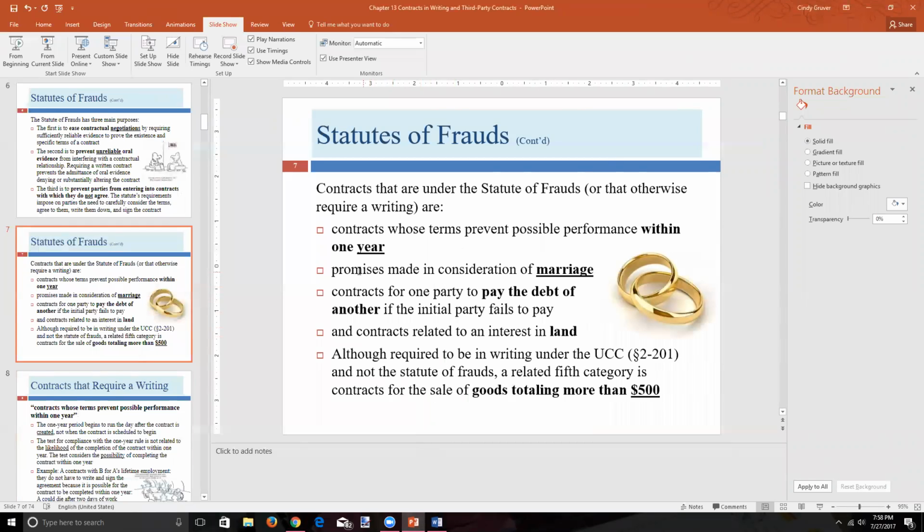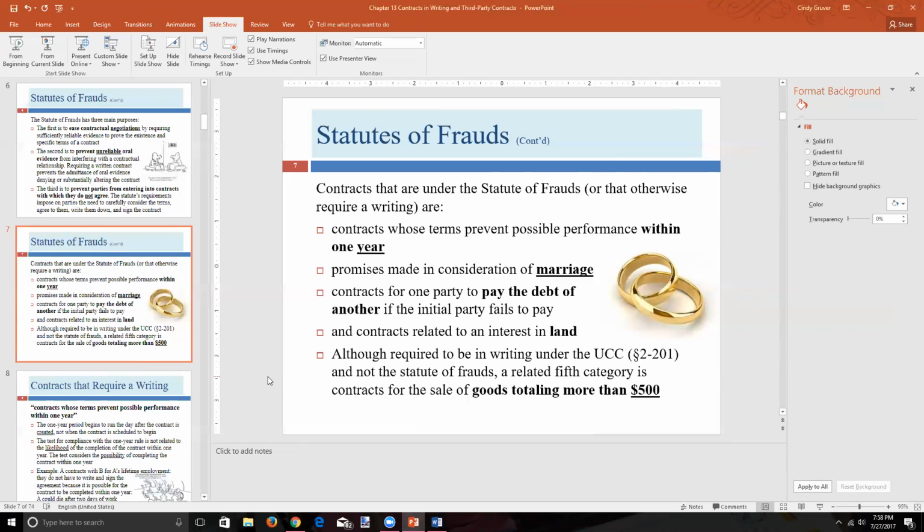Then the next one is promises made in consideration of marriage. Back in the 1600s, the father of the bride would negotiate with the groom or the groom's father a marriage settlement. And this would describe what kind of dowry the bride would bring to the marriage, and also what things the groom, the husband, would be bringing to the marriage.